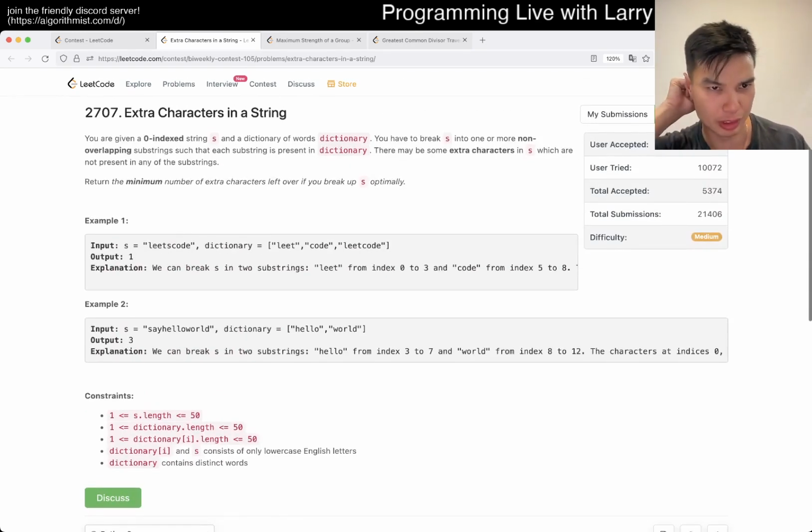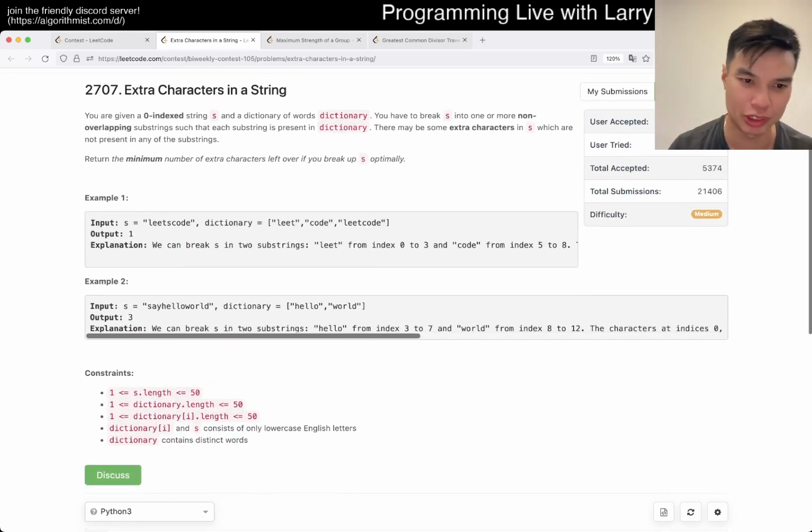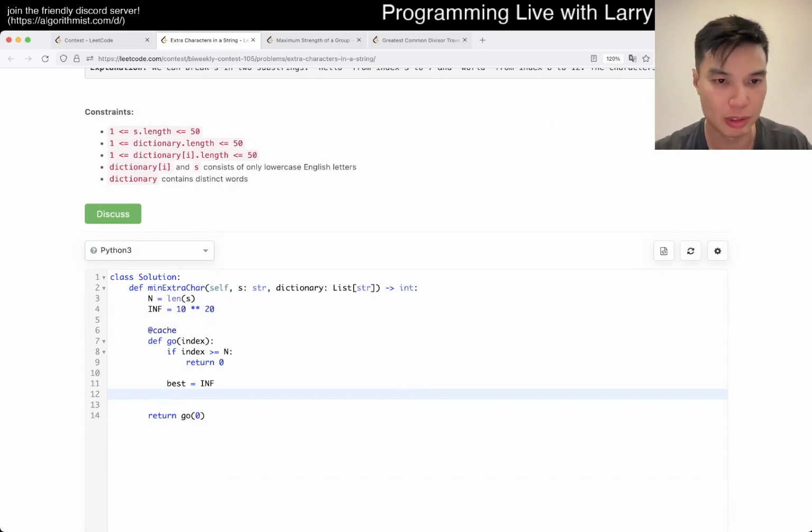It's unclear whether we can reuse words. I guess technically you could reuse words the way they say it, but oh well.